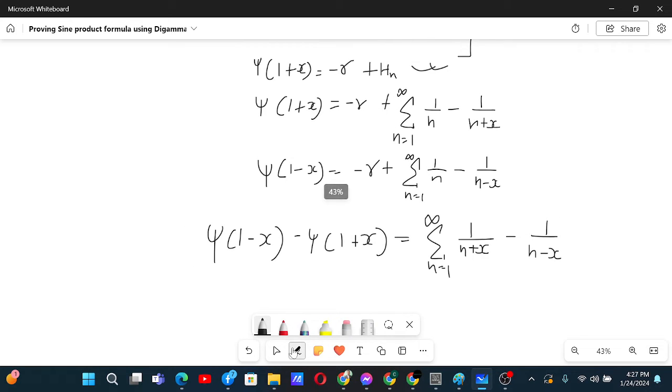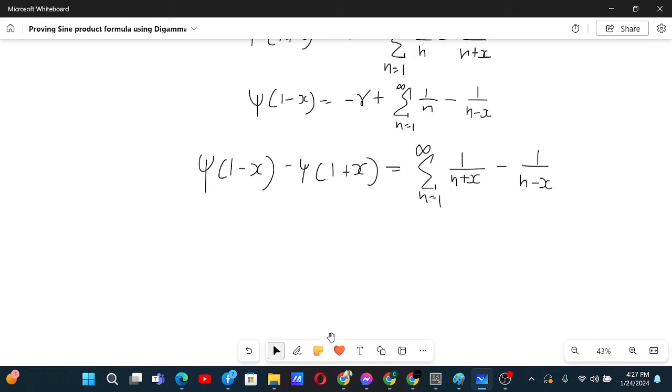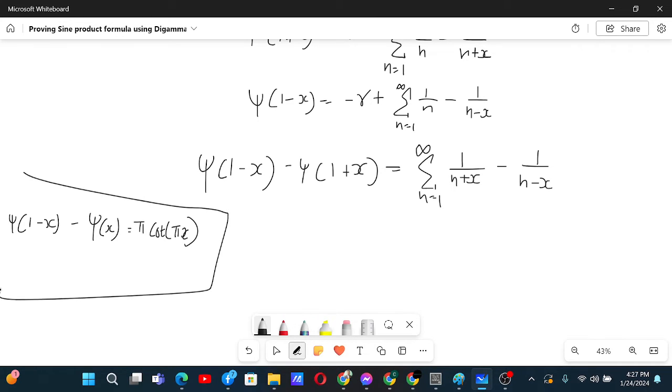Okay, now we know the reflection formula of digamma. Digamma of 1 minus x minus digamma of x is pi cot pi x. We will use that, but first we don't have digamma of x over here, so let's make that. Digamma of 1 plus x is digamma of x plus 1 by x. This is just a property of digamma.